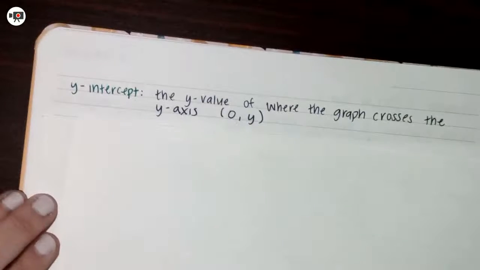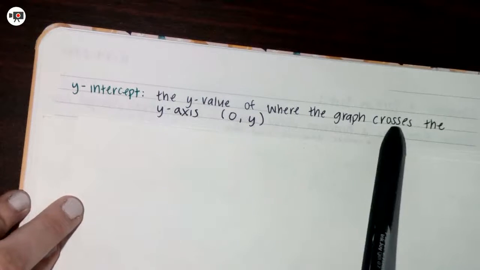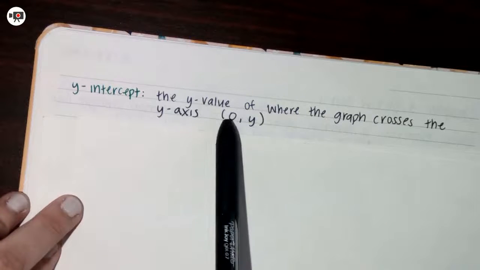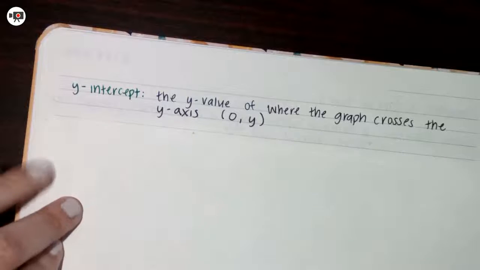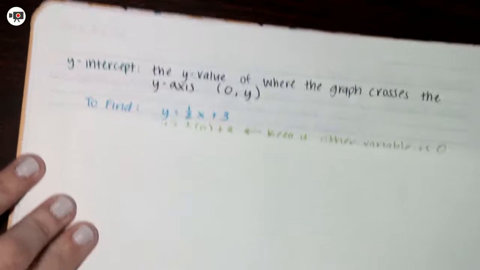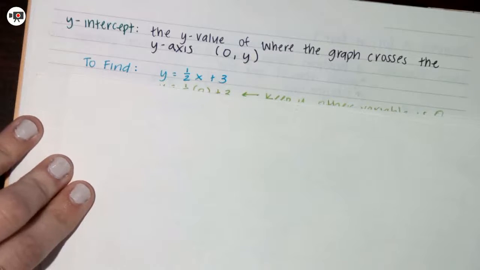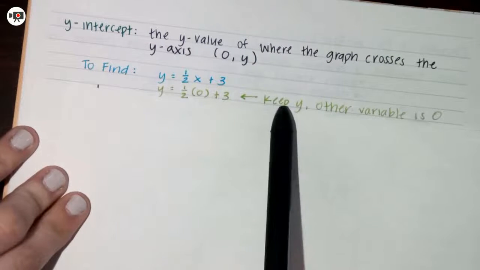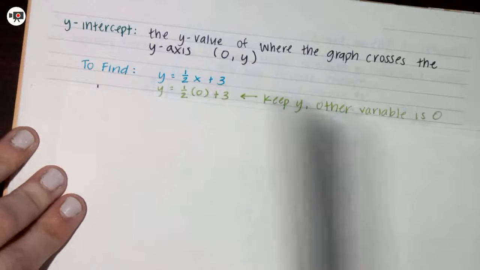Then to find the y-intercept, it is the y value of the graph that crosses the y-axis. 0, whatever number you get equals y. So to find it on the same equation, y equals 1/2 x plus 3, I'm going to keep the y, and my other variable, x, is 0.